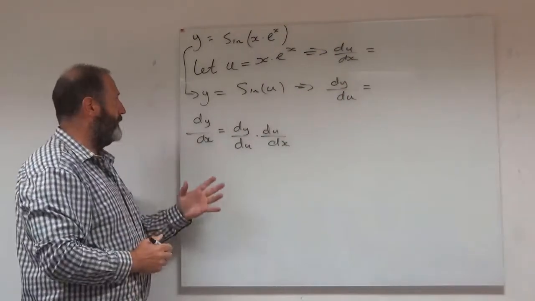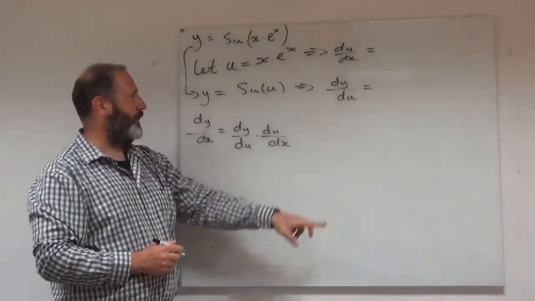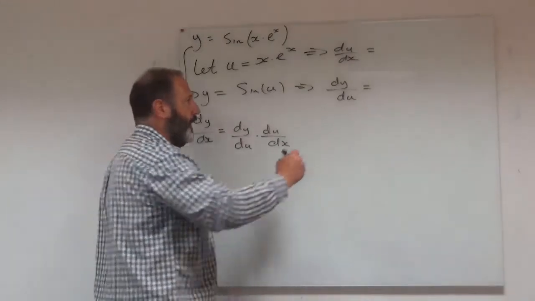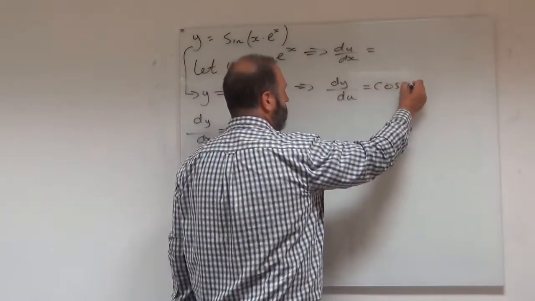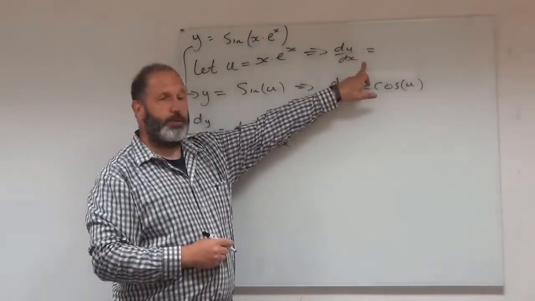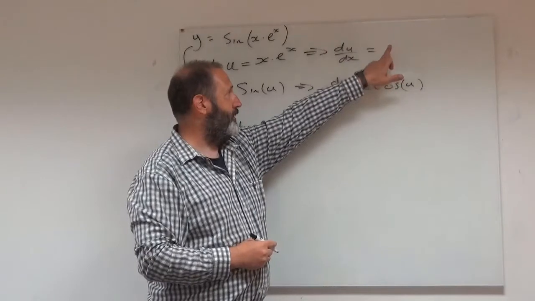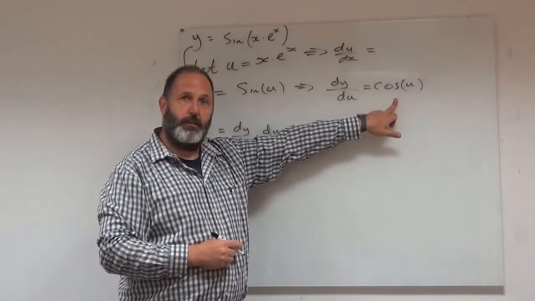Let's do the bits that are relatively nice. I have sine of u, and if I differentiate that with respect to u, I get cosine of u. If this was a nicer question, I would just differentiate this and my final answer would be this solution times cosine.